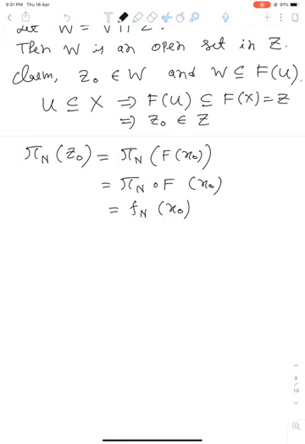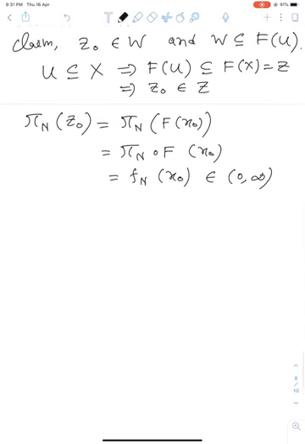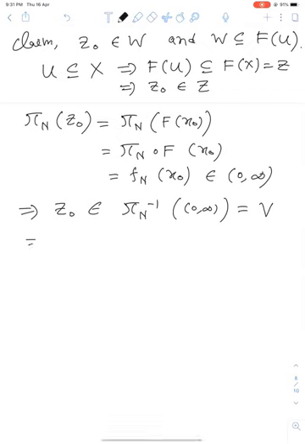But we know that f_n(x_0) is bigger than 0, so it belongs to (0, ∞). That implies z_0 belongs to π_n inverse of (0, ∞), which is my V. So z_0 belongs to Z and z_0 belongs to V. So z_0 belongs to Z intersection V, that is my W. So one part is done, right?